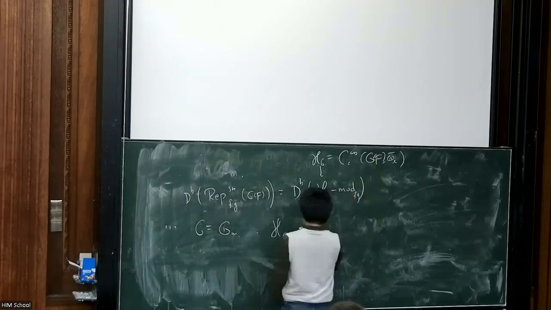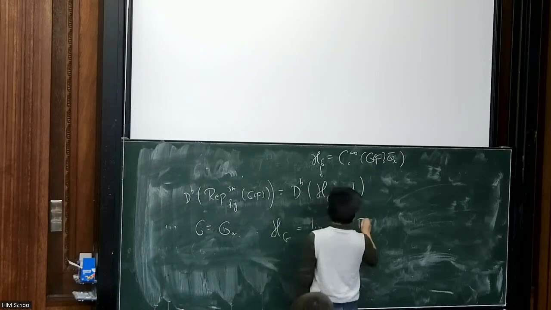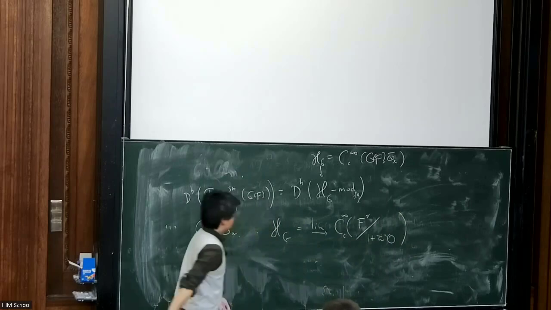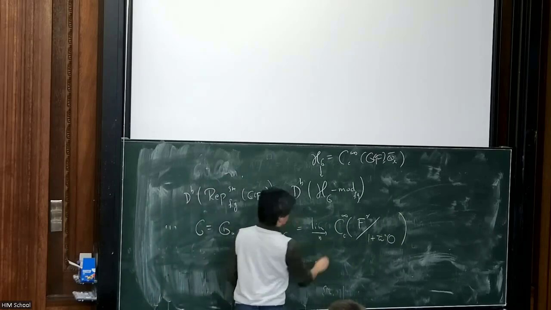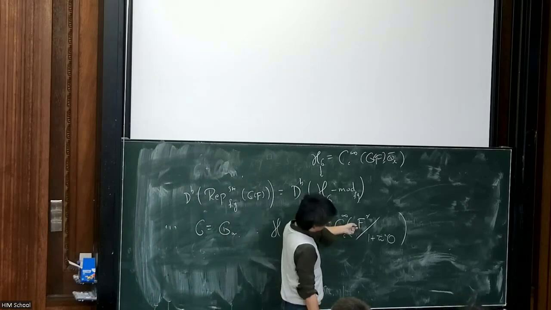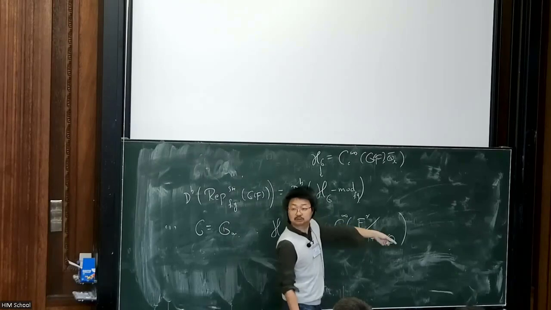I mean, what is this Hecke algebra? This is just the limit of functions, some compactly supported functions on F cross modulo 1 plus some congruence subgroup. Right? And then by local class field theory, a homomorphism from W group to GM is the same as a map from F cross to GM.